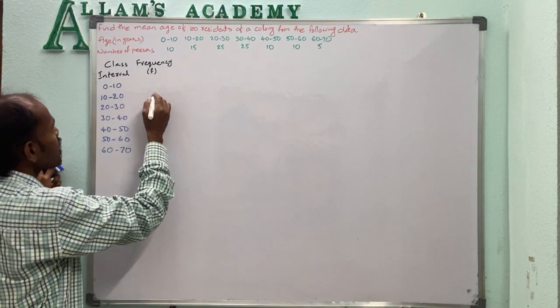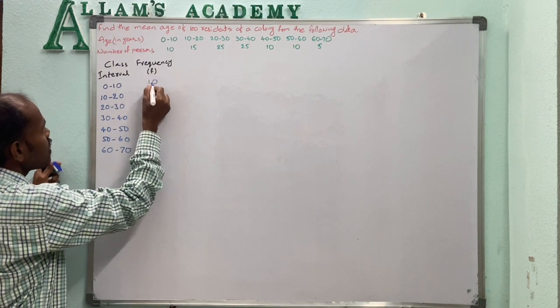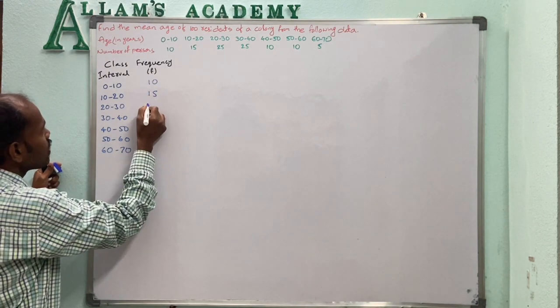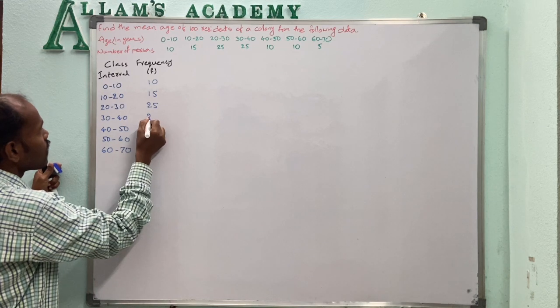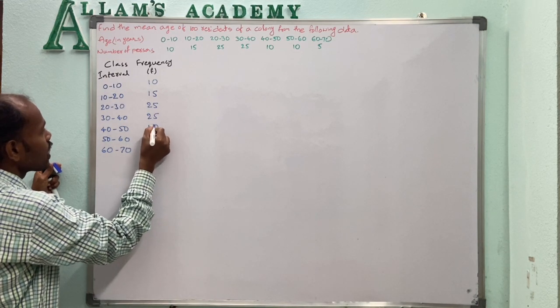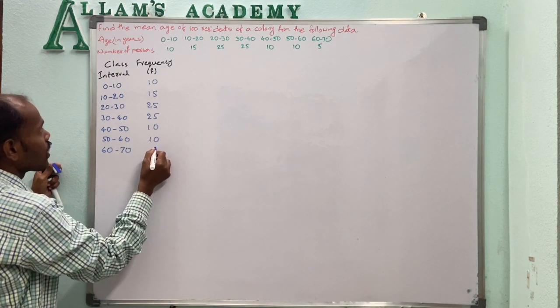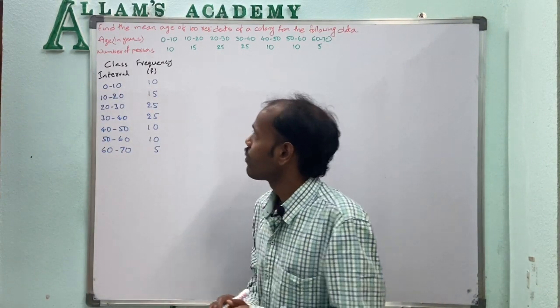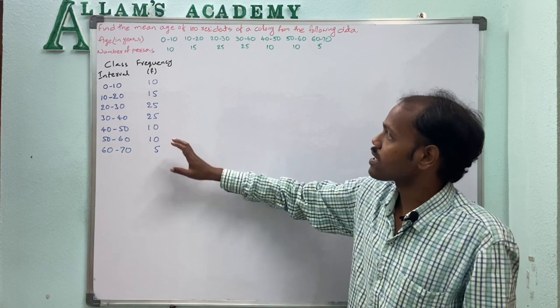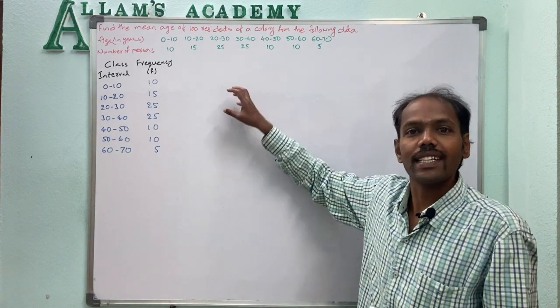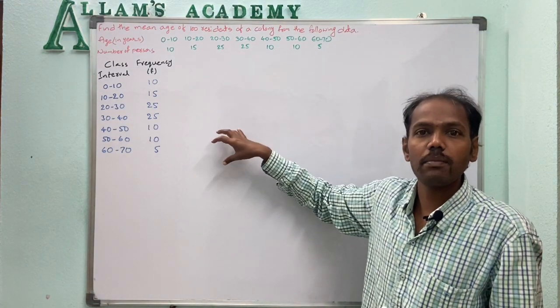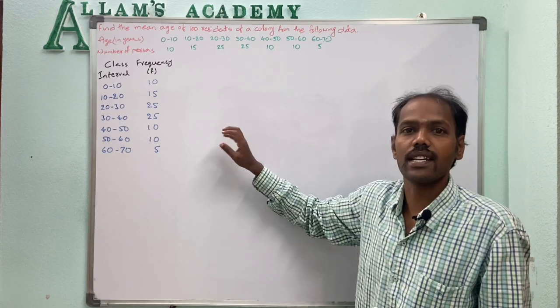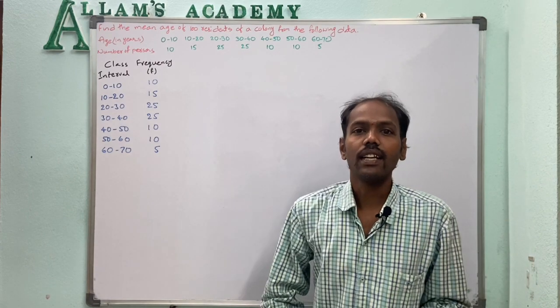Their corresponding frequencies are 10, 15, 25, 25, 10, 10 and 5. So for finding the mean of this problem in three methods, we now check whether we get the same result.